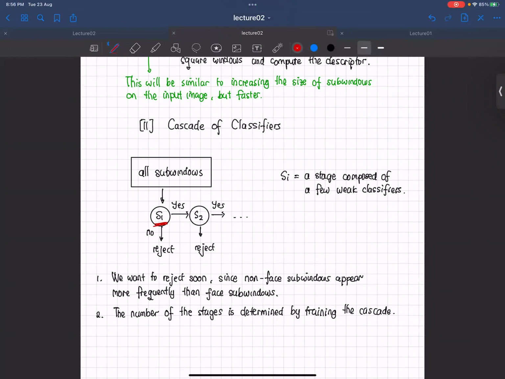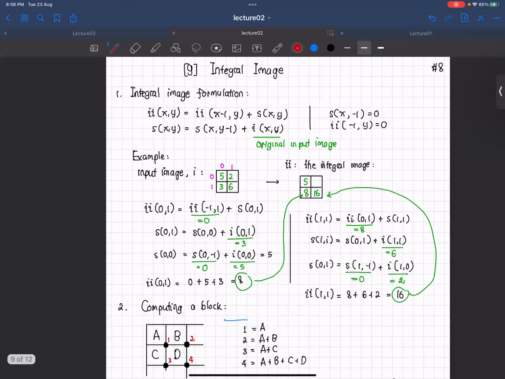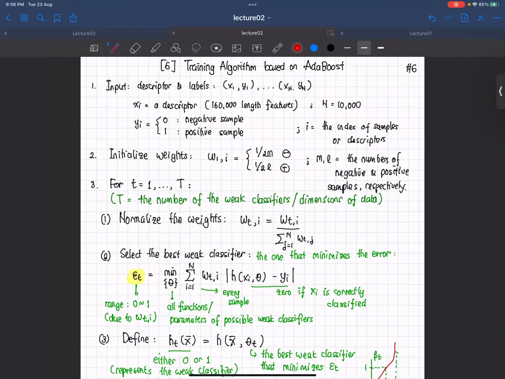Right, any questions? Yes. I still don't understand how, for this complicated image, you can go from 160K to 200. Oh, that one. Right. In the training stage, we discussed previously 1 until T. If you don't have any problem with the number of features, then T will be 160K.